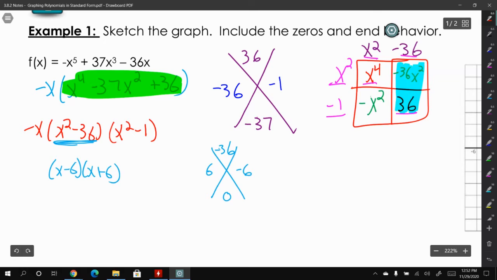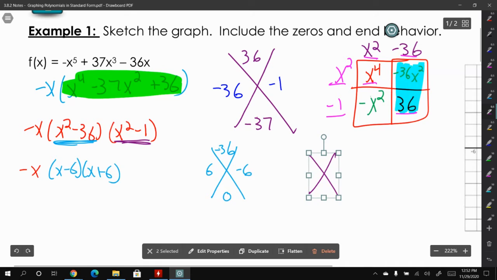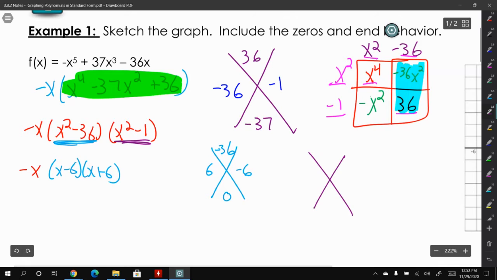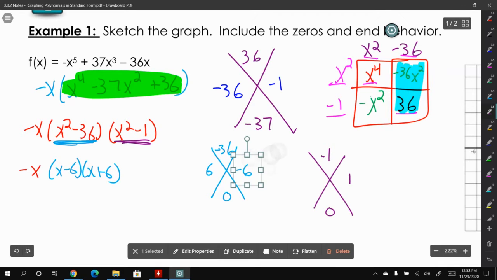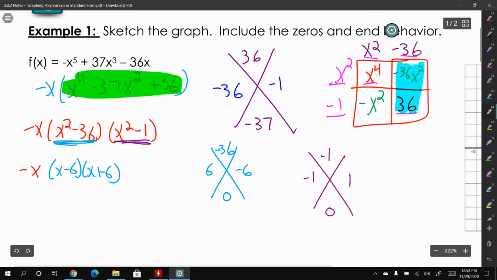We still have the negative x out in front. Then I'm going to work on this one, x squared minus 1. B value 0. Negative 1 is our a times c term. We have 1 and negative 1 as our two magic numbers. Negative 1 plus 1 is 0, and negative 1 times 1 is negative 1.